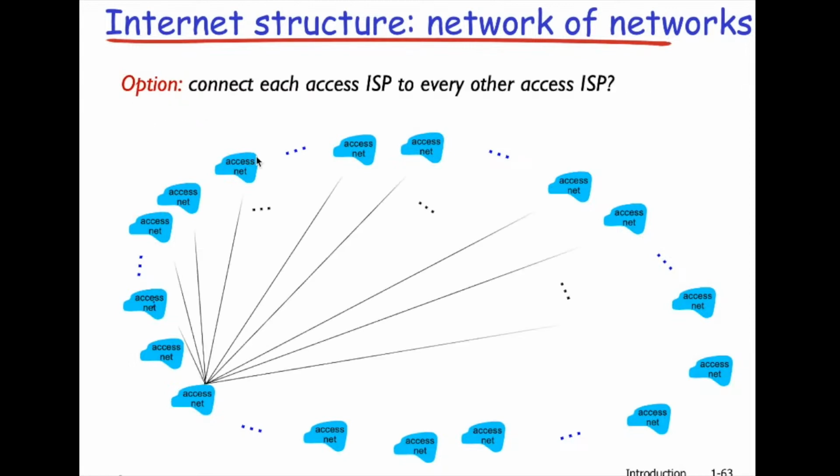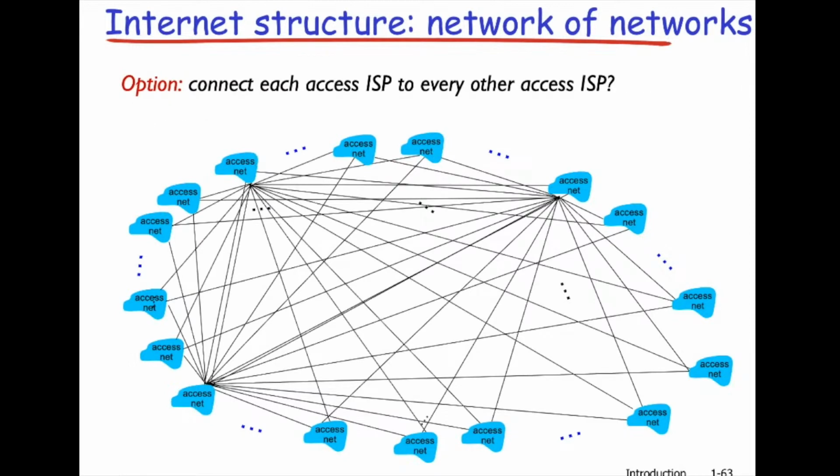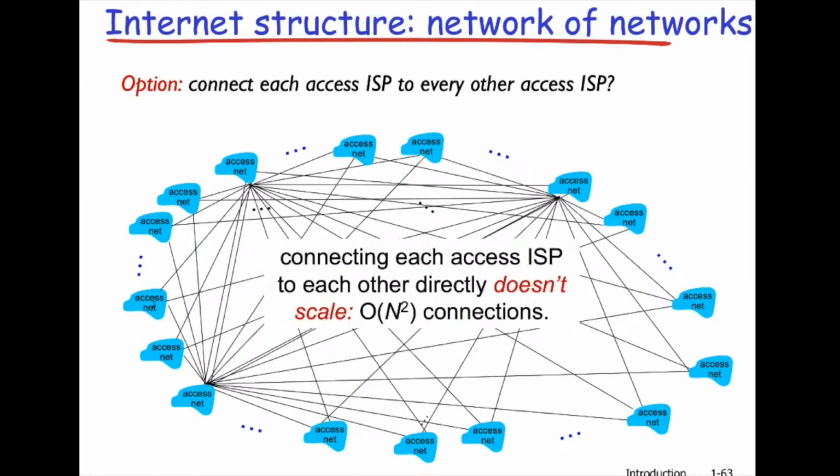Well, one obvious way is, how about connecting them all? But as a result, you see there are n squared connections. And when the internet grows, adding one more access net, we'll need to add n extra links. So this is going to be a very expensive thing to maintain.